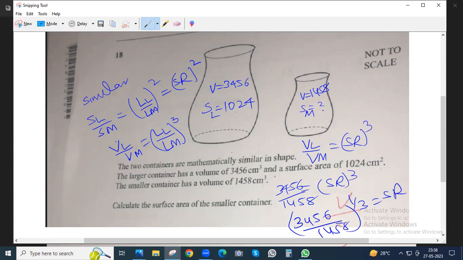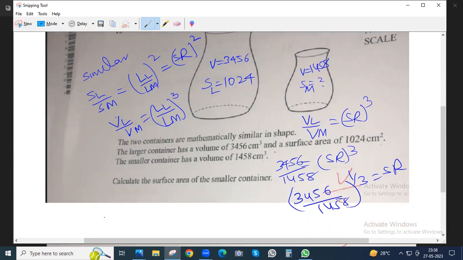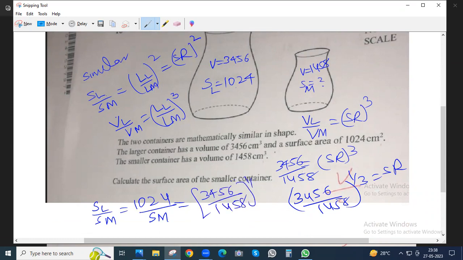So the surface area of the bigger over the surface area of the smaller, which is given to be 1024 over Sm, should be equal to the side ratio, which is this, raised to power 2 by 3. So 3456 by 1458 raised to power 2 by 3.